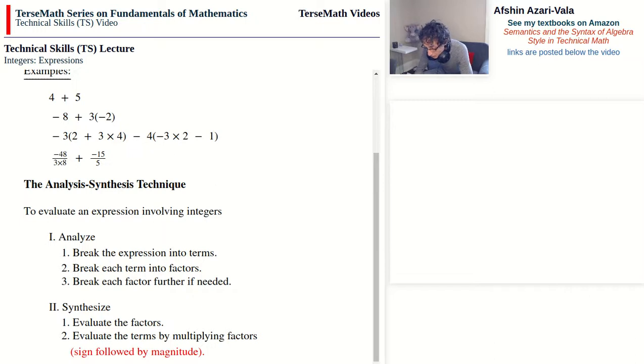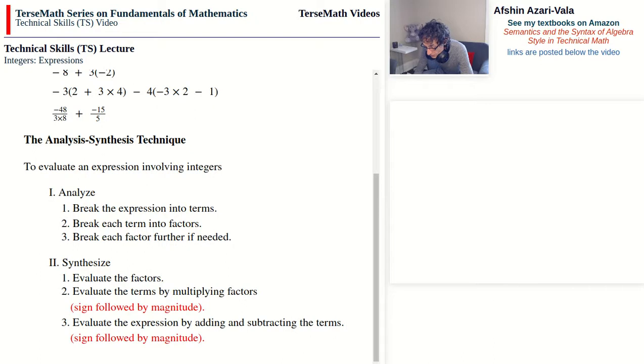Now, here is what we have to add when we introduce integers into the game. When we multiply and divide, we talked about a very efficient approach where we find the sign and then we find the magnitude. And then following this, we evaluate the expression by adding and subtracting the terms.